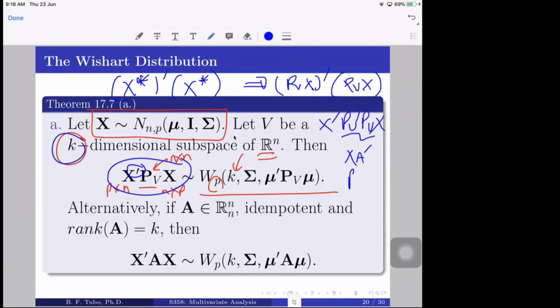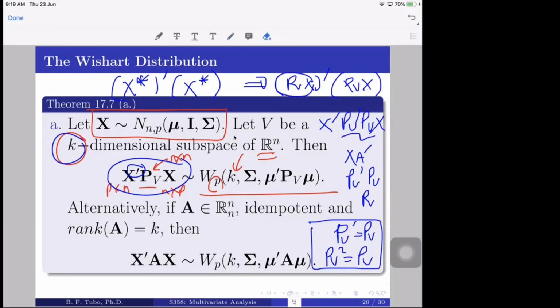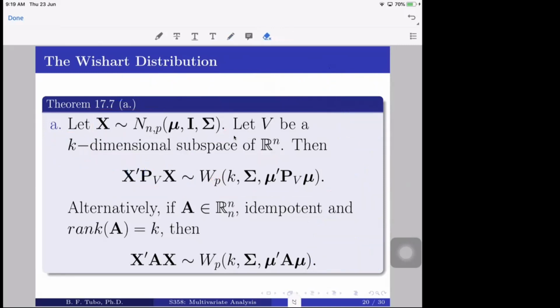And can we write this as x prime PV x? Yes, if we know that PV prime is just PV and PV squared is just PV, which we know is true. Correct? Yes, ma'am, that is the property. So our candidate here is PV x. We will see later in the proof whether PV x is indeed the one to use.